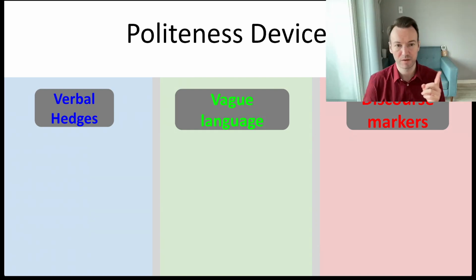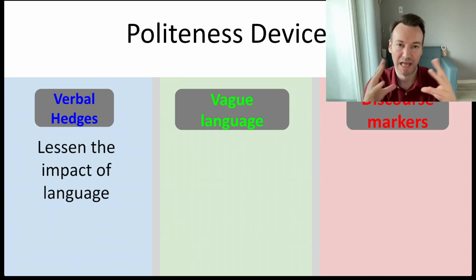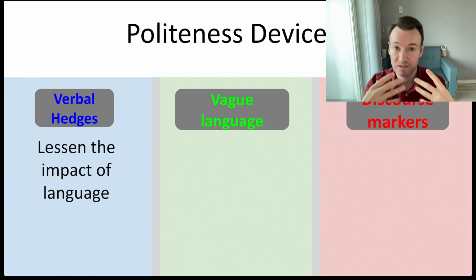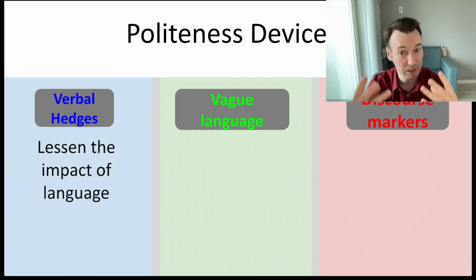So let's start with verbal hedges first. So verbal hedges is language that will lessen or reduce the impact of the language. So this is very useful when we are criticizing or complaining.